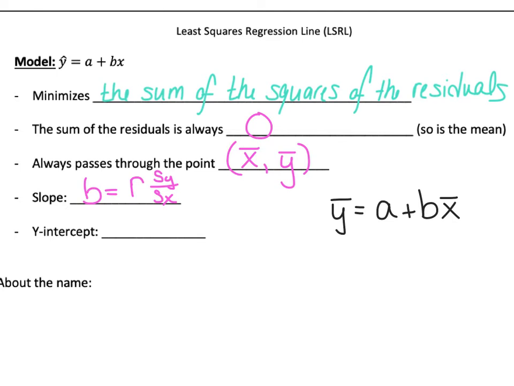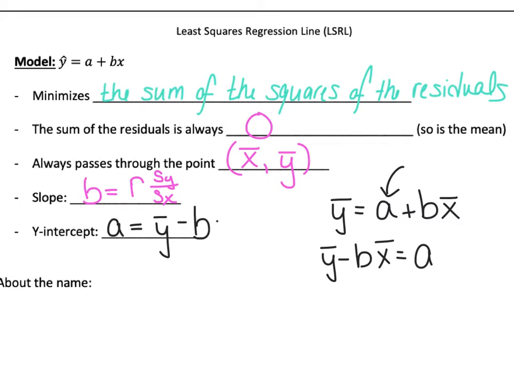So all they've done is they've plugged in that mean point. You could solve for a by simply doing a little algebra, subtract b x bar from each side, and now you have it solved for the y-intercept. So indirectly, off of your formula sheet, you can get that a is equal to the mean of the y's minus your slope times the mean of the x's.